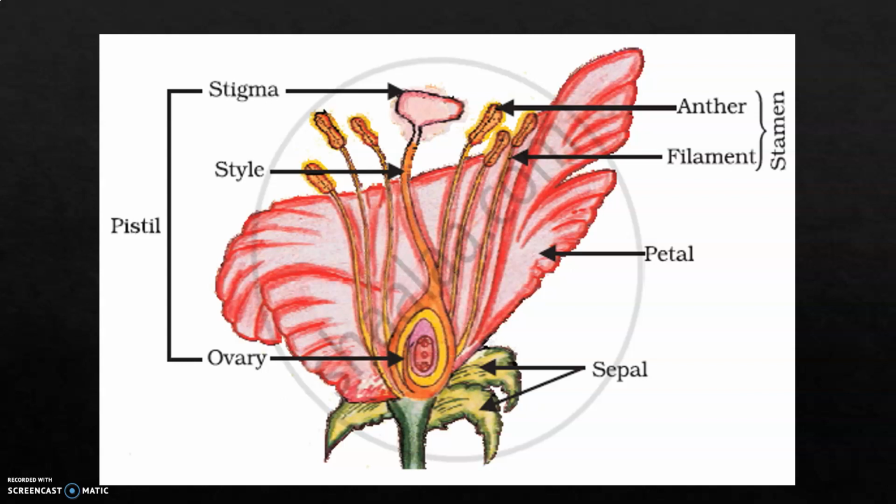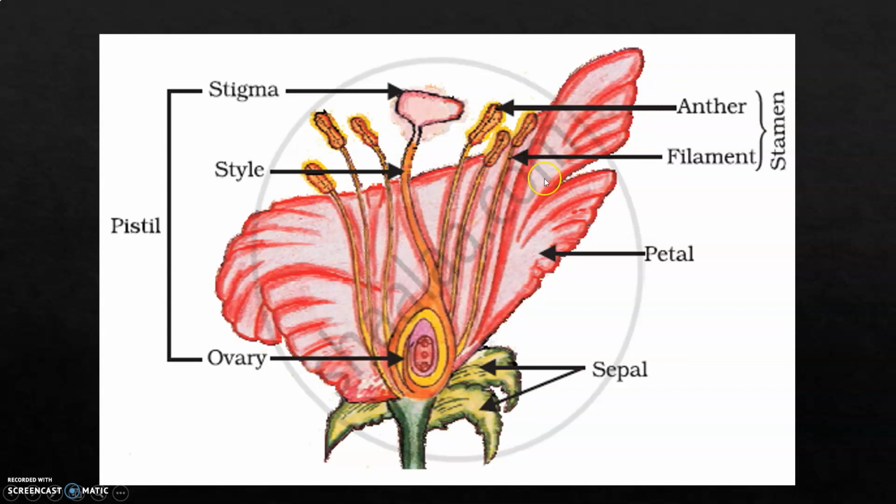If they contain only the female reproductive structure, the flower is called pistillate, and such flowers are called unisexual because they contain either the male or female reproductive structures. But if a flower contains both male as well as female reproductive structures, the flowers are called bisexual because it is containing both male as well as female reproductive structures.